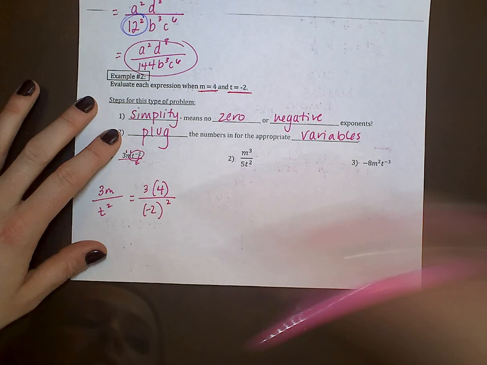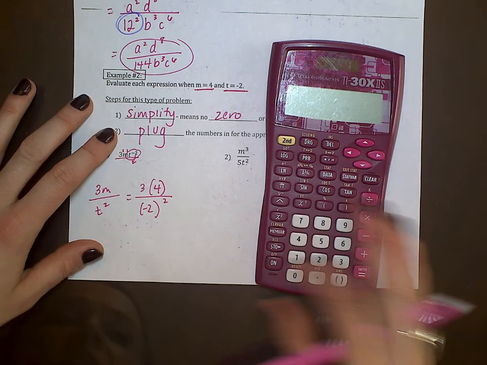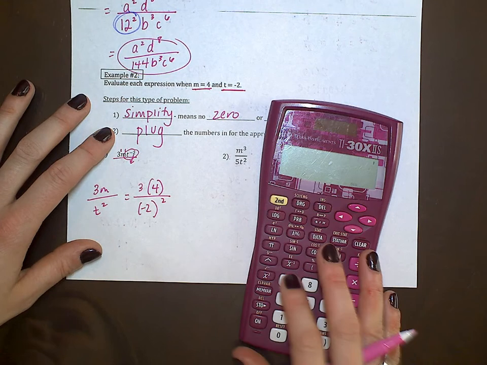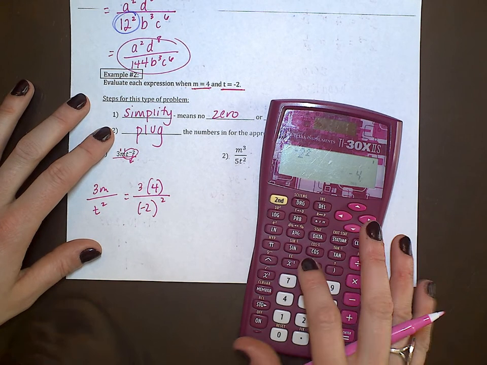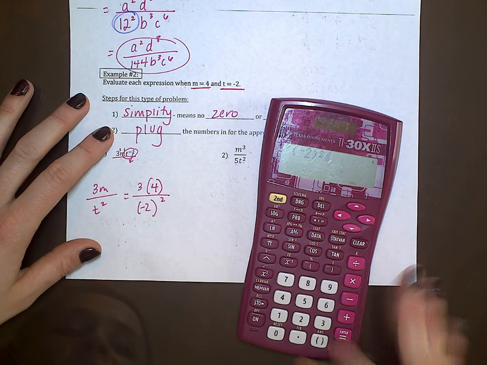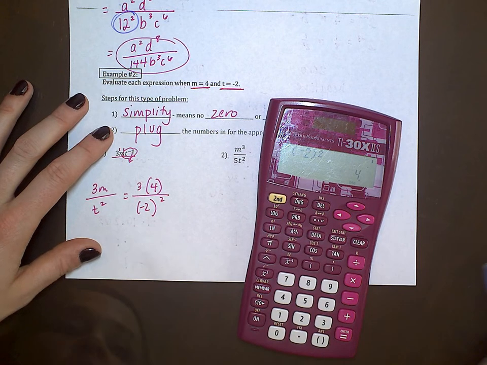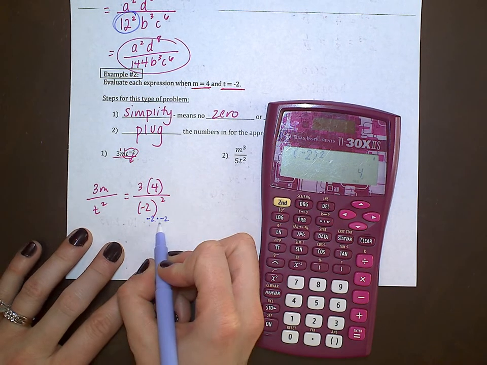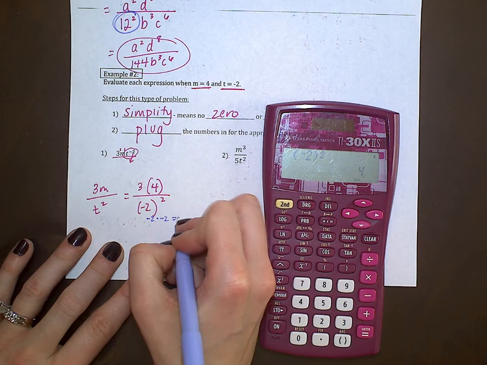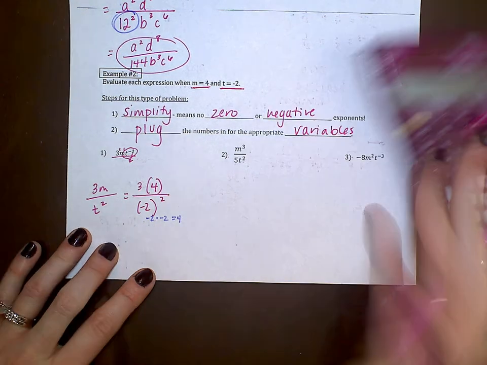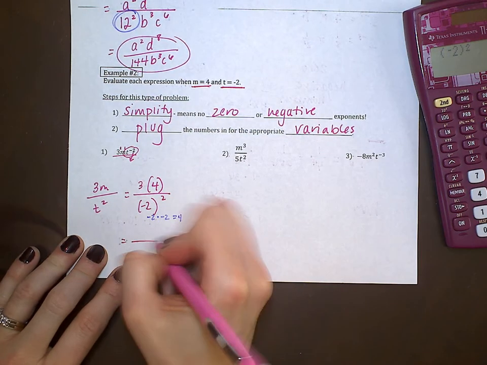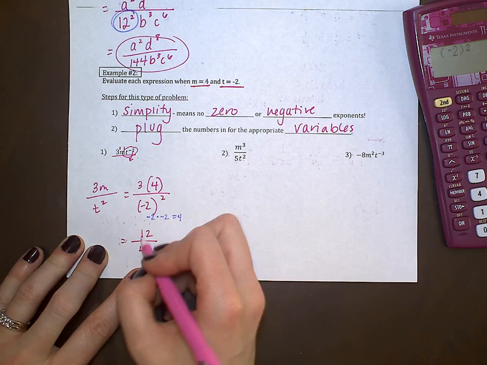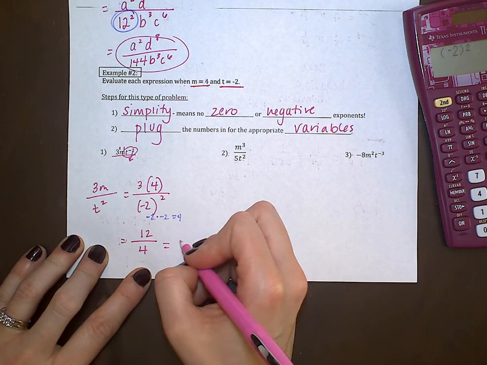Okay, because remember, when I put this into my calculator, if I have the parentheses, and if I don't have the parentheses, it's going to give me a different answer. Okay, so be careful. -2 squared with parentheses means -2 times -2, which is +4. All right, so on the bottom, that equals 4. 3 times 4. On the top, I have 12. And I know that 12 divided by 4 is just 3.